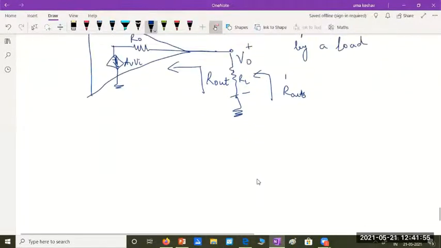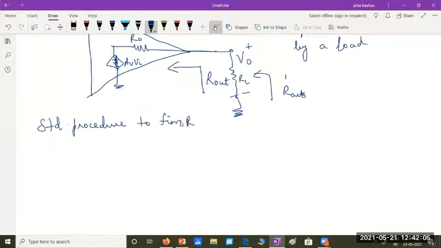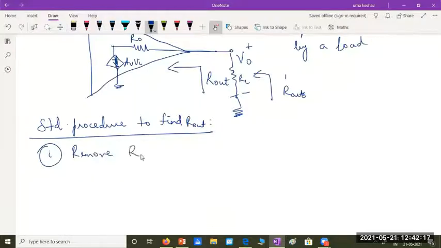So in order to find this, we always have a standard procedure. All of you please write down this standard procedure. Standard procedure to find Rout. What do we do? All this we are going to use commonly in all amplifier analysis from now onwards. Remove RL. So remember, I should not have RL. Before RL, I should find the resistance first.